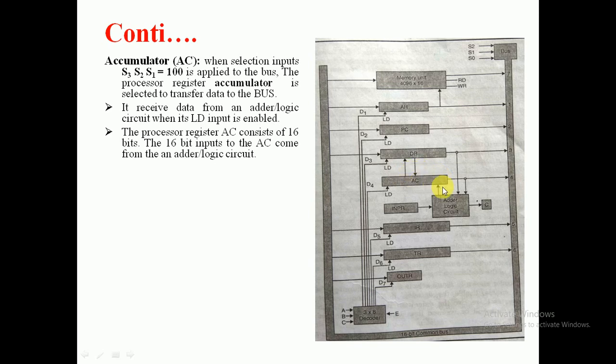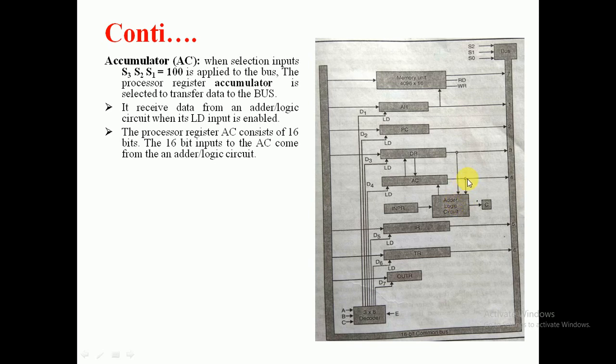This accumulator receives 16-bit input data from this adder logic circuit. This adder logic circuit receives three sets of data. It receives 16-bit data from the output of this accumulator.